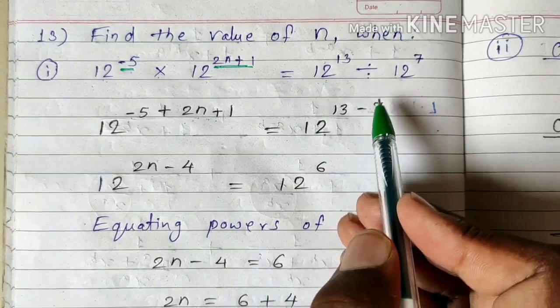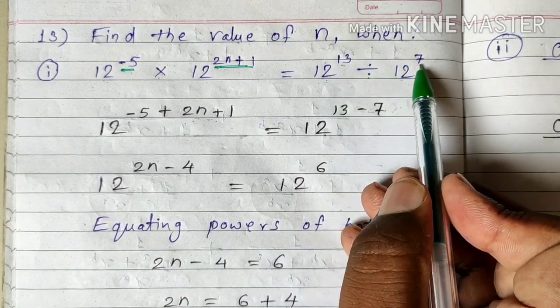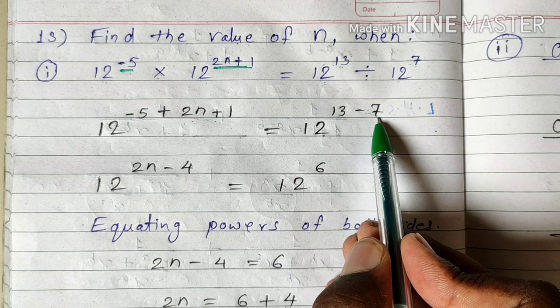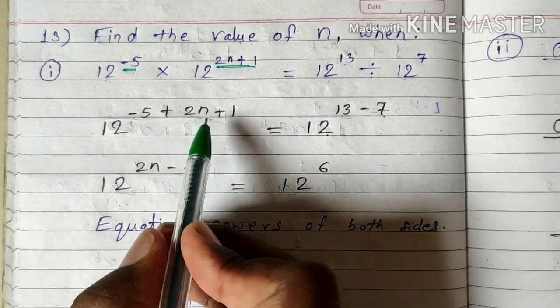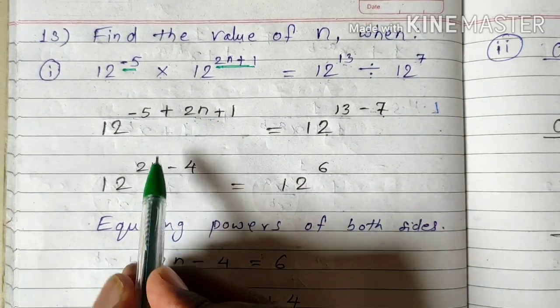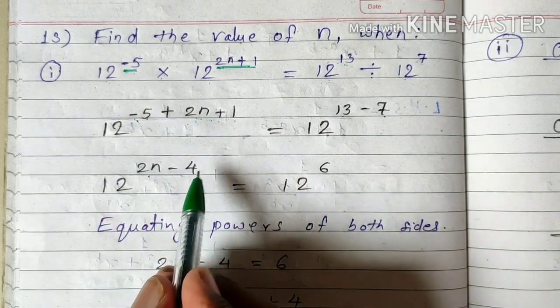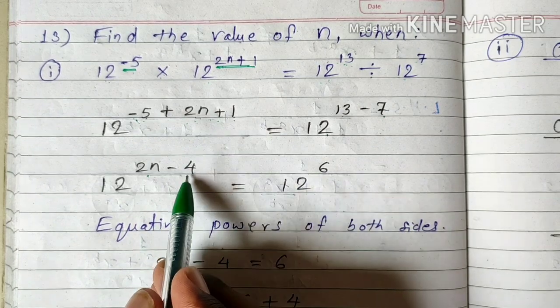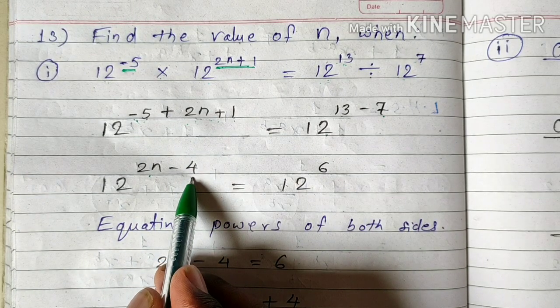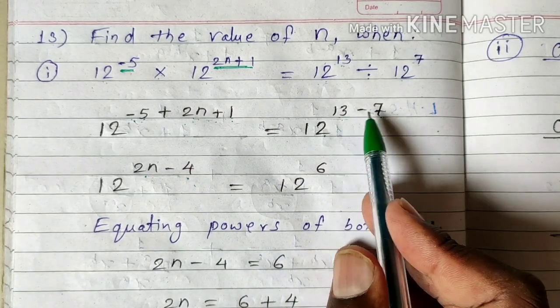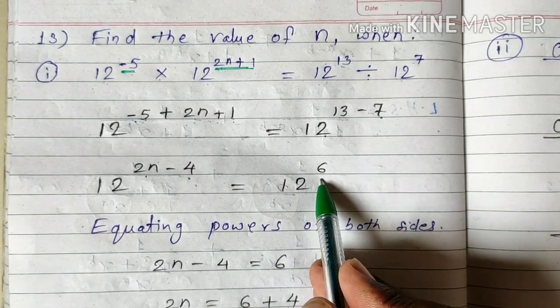Therefore, by using the quotient law, there will be the subtraction of their powers, 13 minus 7. Understood till here? 2n remains the same. Minus 5 and plus 1 gives us minus 4. 13 minus 7 gives us 6.